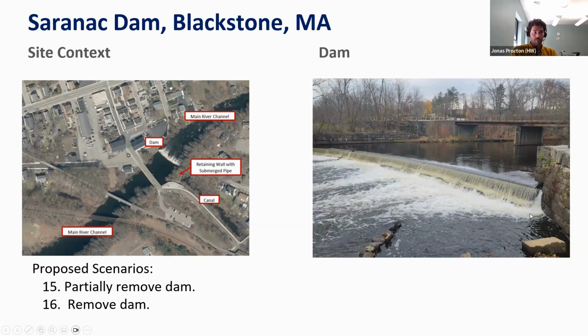So there could be some justification for just keeping a segment of the dam as a historical feature, while removing enough that you still are restoring the function of the river.